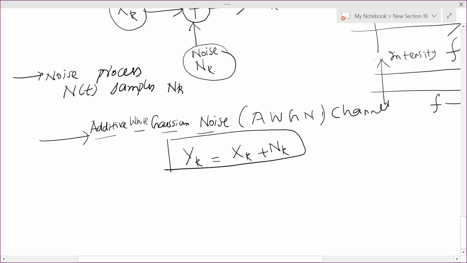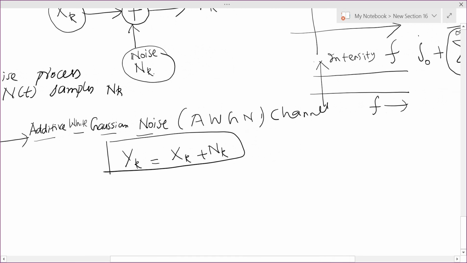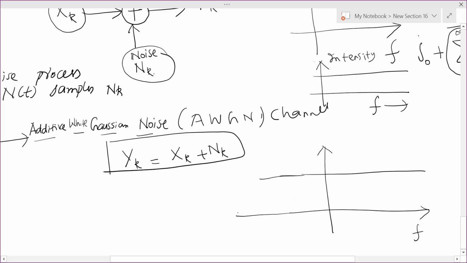Now the noise is white. White means its power density will be constant. So if this is the frequency, it will be constant. We are working in a particular bandwidth. Suppose the bandwidth is b, so I will have a bandwidth b here and a bandwidth minus b here.